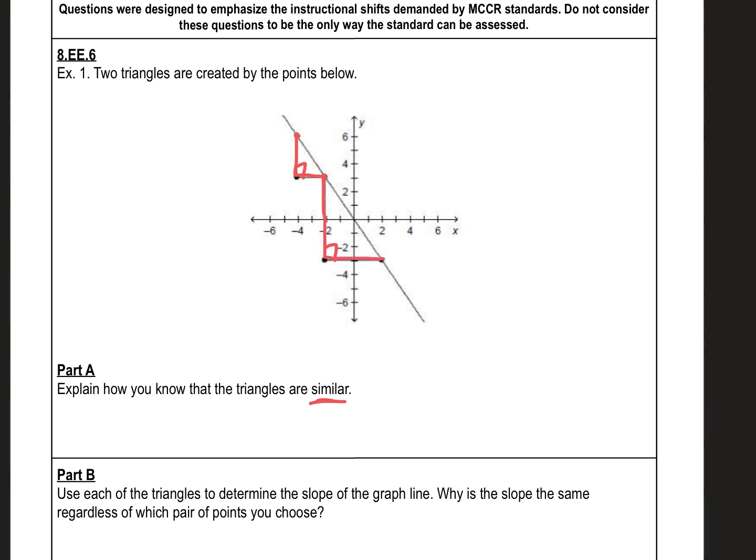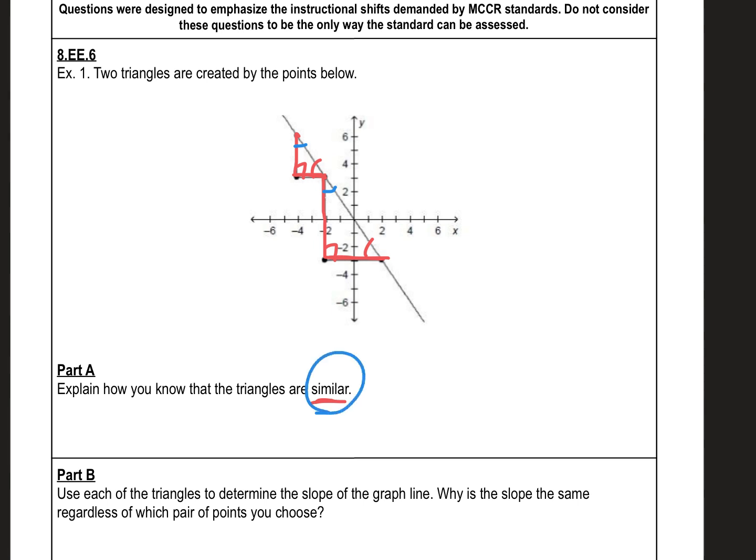These are 90-degree angles, and we know that they're along this same line. That means this angle and this angle are the same, and this angle and this angle are the same. That means they have the same angles. Any triangles that have all 3 the same angles are similar.